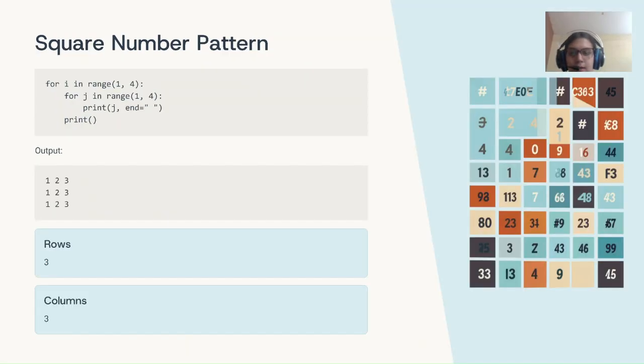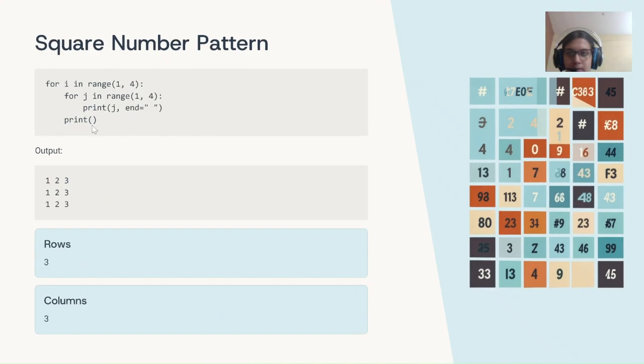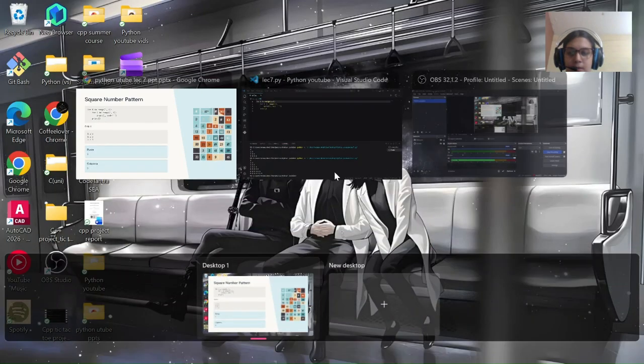Then square number pattern. We printed a square number pattern before, right? But this time we'll print numbers. That time we printed stars, this time let's print a number. Let's first observe this pattern, right? It has 3 rows and 3 numbers per row.